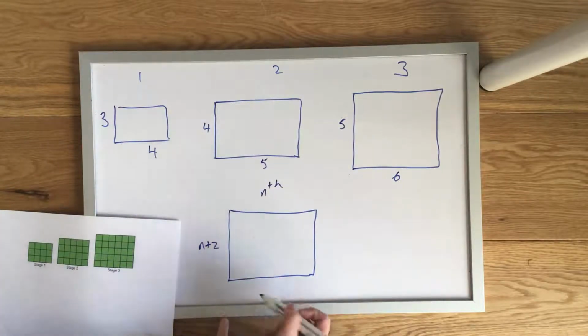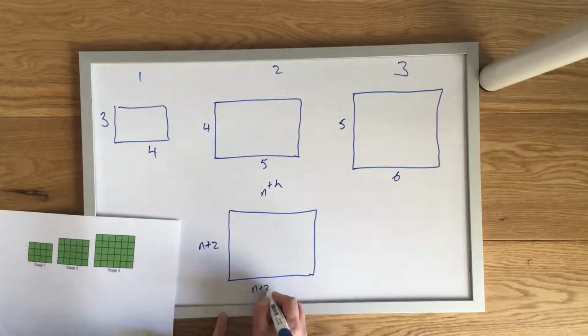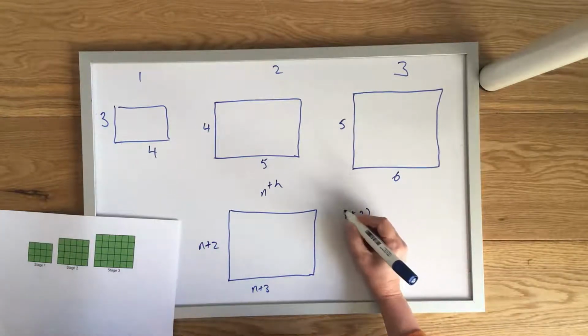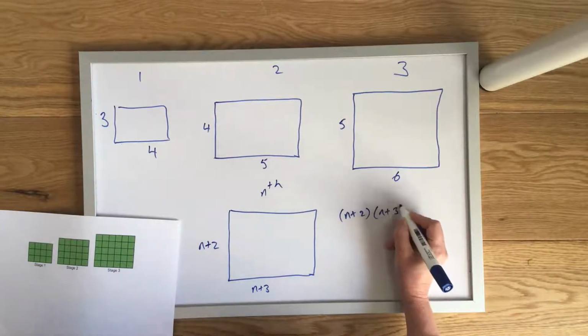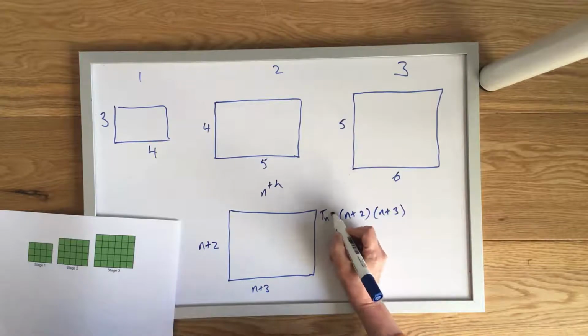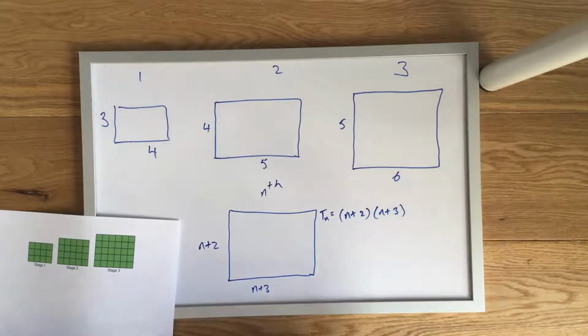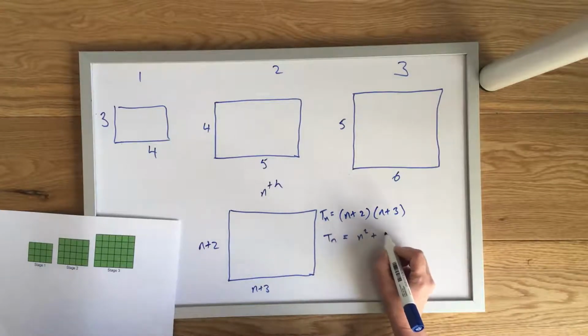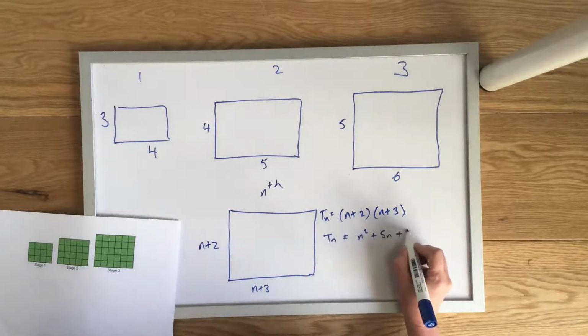So 3 more than n is going to be n plus 3. So n plus 2 multiplied by n plus 3 will give you your nth term, or your general term. If you multiply that out, you have your general term is n squared plus 5n plus 6.